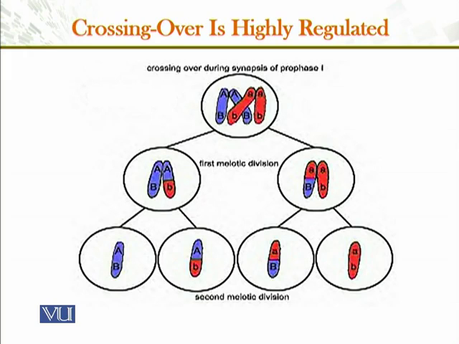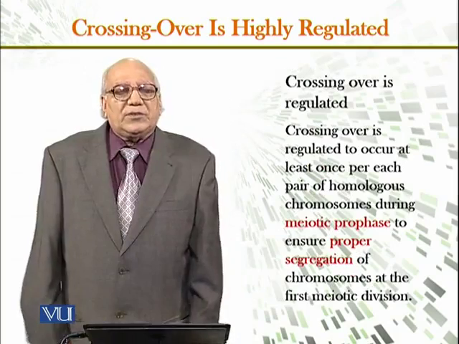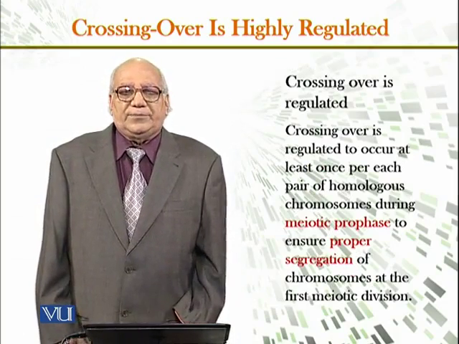You see there are red and blue, and in the first division, two new chromosomes are generated, and in the second one, again the crossover occurs, and we get four different types of chromosomes. Crossing over is highly regulated.